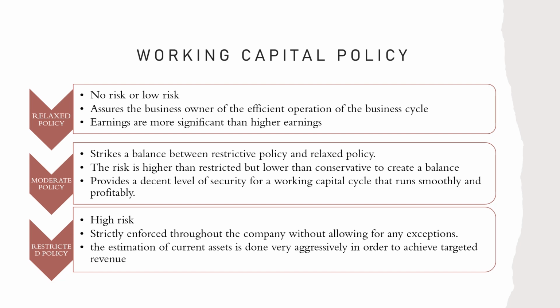Restricted policy is high risk, strictly enforced throughout the company without allowing for any exception. The estimation of current assets is done very aggressively in order to achieve target revenue. A business must minimize its current assets or debt it is owed. Doing so may provide possibilities to sell company assets to clear debts.